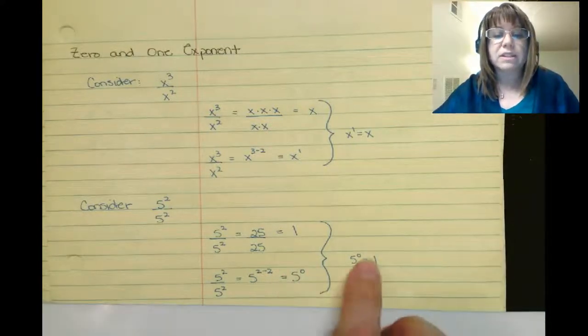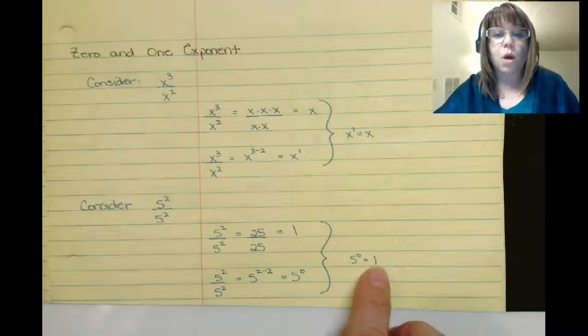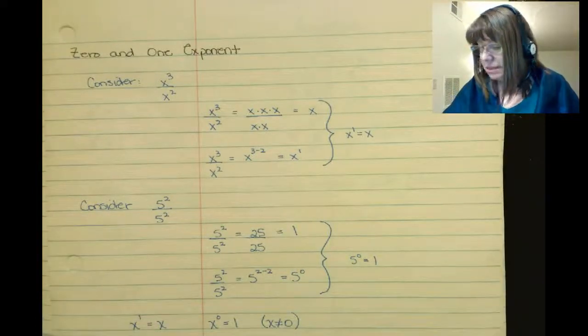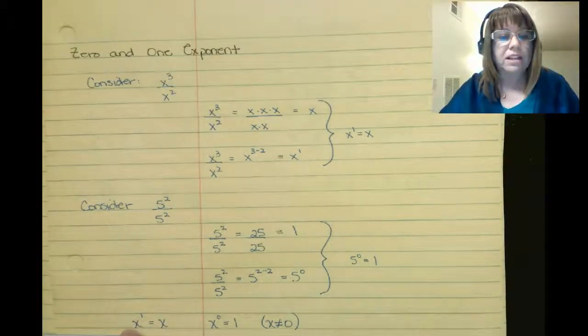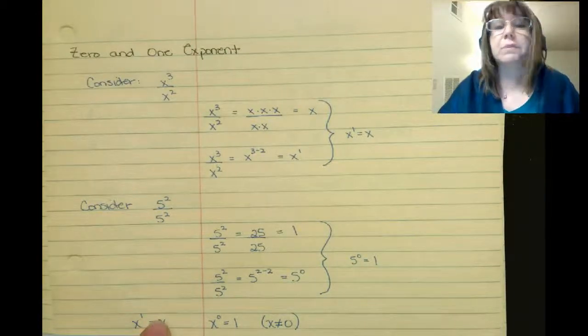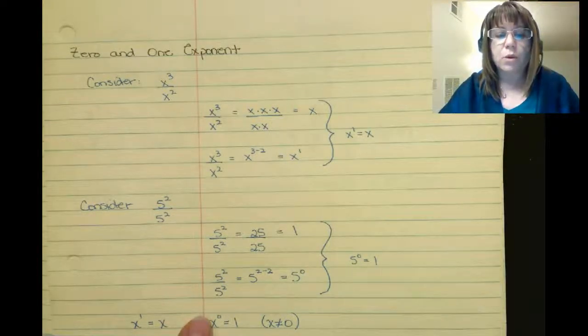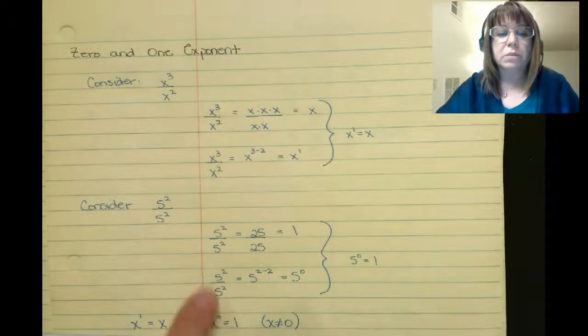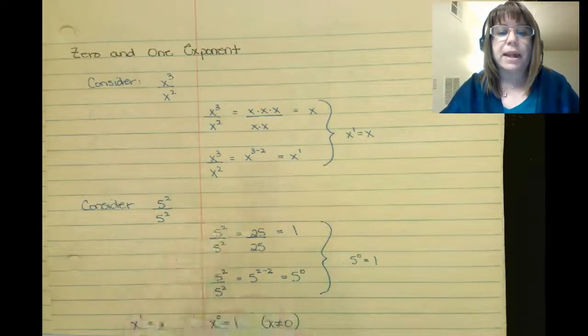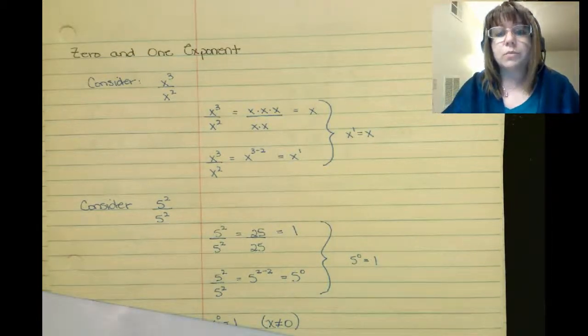So 5 to the 0th power is 1. And in fact, we now have x to the 1st equals x. In other words, there is an implied 1 power there. And x to the 0th power is 1, because we can play this game with any number except 0.